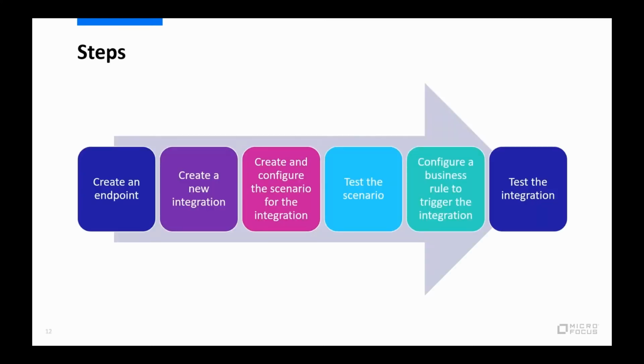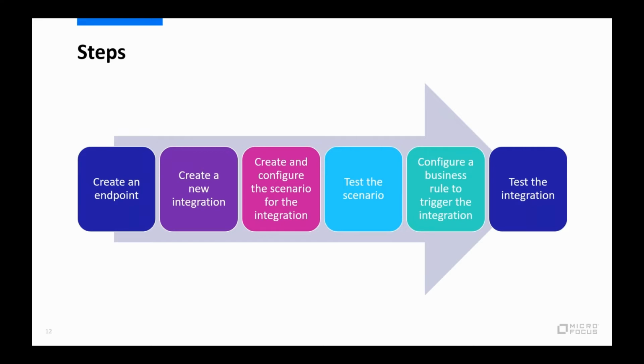So what are we going to do to realize this goal? Those are the several steps we will perform together in a minute. First we create an endpoint. And once we have the endpoint, we can go straight into the integration engine to create a new integration. Once this is done, we configure a new scenario, and the scenario is basically the integration logic towards Slack.